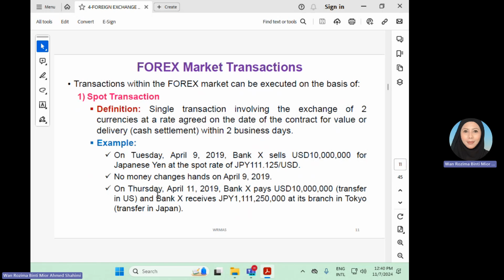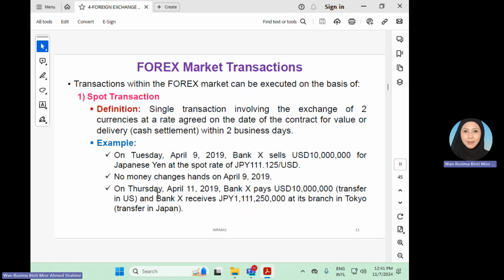So okay, bank X. USD 10 mil for Japanese yen at the spot rate of Japanese yen 111.125 against USD.